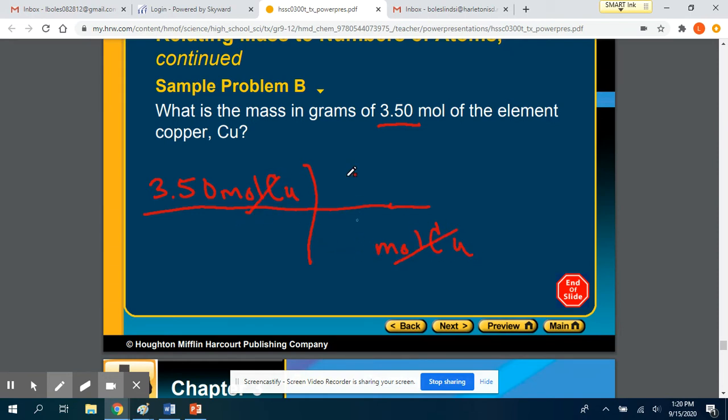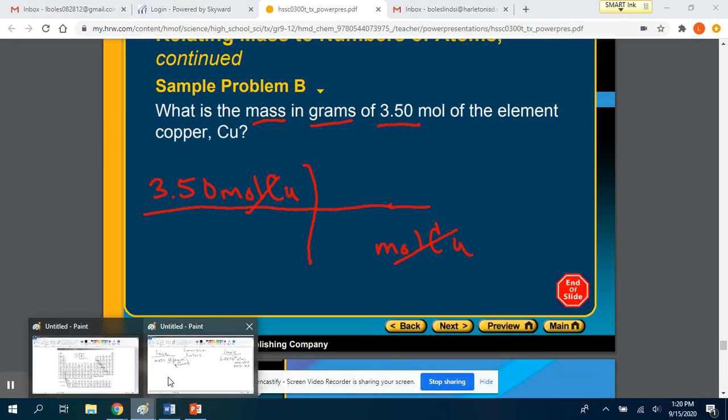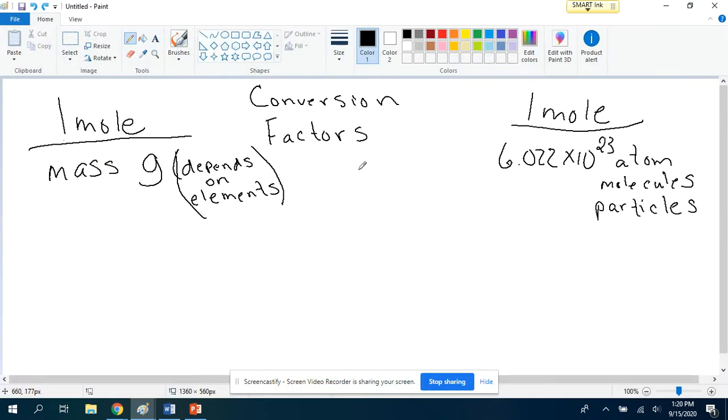All right, we are needing to go to the mass in grams, okay? Now, let me show you our conversion factors. The two conversion factors that you're going to use when working these problems is either in 1 mole, there is, this would be the molar mass. So when it says mass in grams, the reason there's not a number there is because it depends on the element, okay?